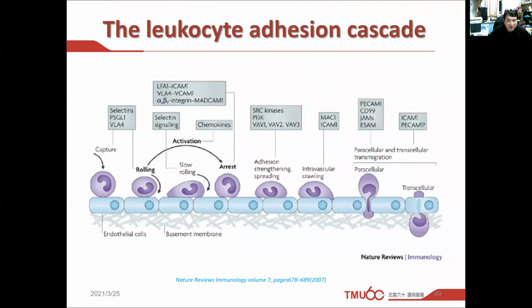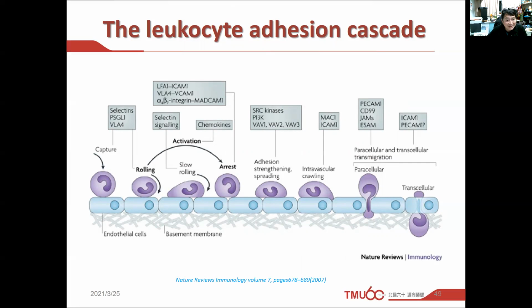Okay, here I would like to go over the leukocyte adhesion cascade, which is important. It is a mechanism using adhesion molecules to facilitate and activate the leukocytes in the blood flow into the tissue. Okay, there are several adhesion molecules that have been studied.